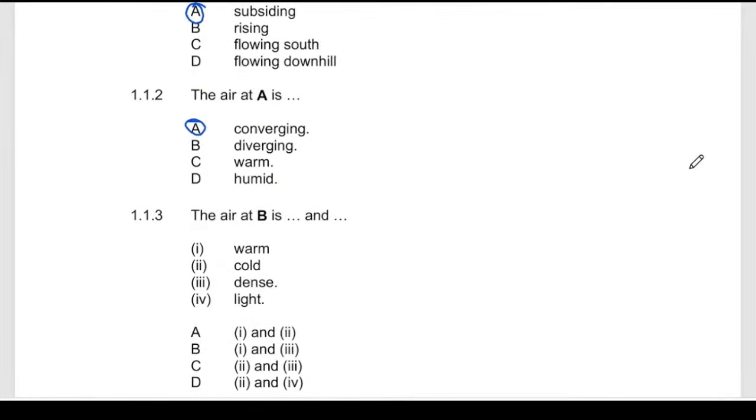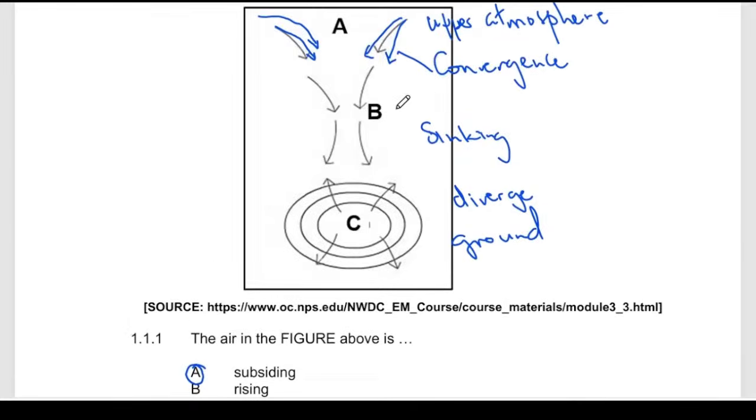The air at B is dash and dash. If you look at B here, what features is this air mass having? This is air coming from the upper atmosphere, so in terms of temperature, this air must be cold. This air also has a tendency of sinking, and air which sinks has more density.